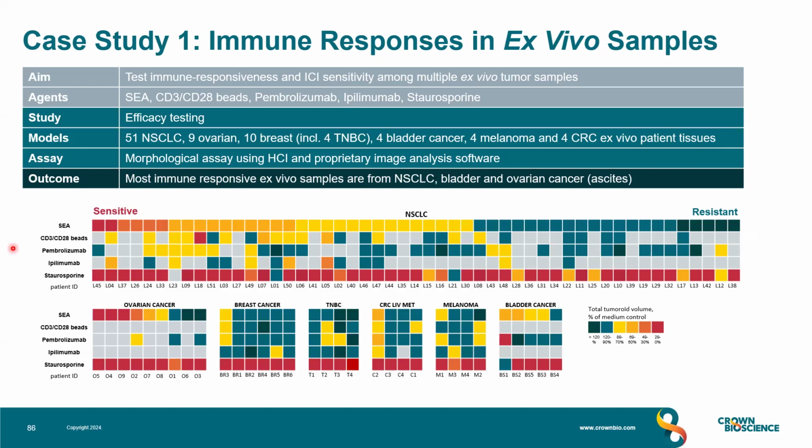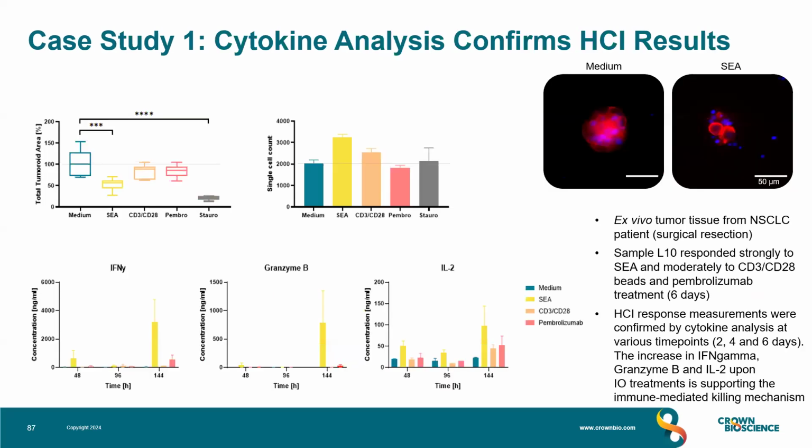So in non-small cell lung cancer, you can see that there is a mix of response to pembro and ipilimumab, but generally there is a 20% responsive population, which aligns with the clinical data for pembrolizumab. Now, you can also look at individual models more closely to understand why they may be more resistant. So, for example, in this particular sample, which showed a strong decrease in tumor size and immune cell count upon treatment with SEA, there was only a mild response to pembrolizumab.